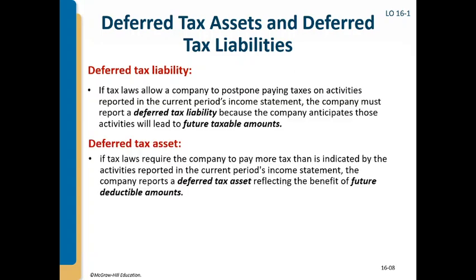As far as deferred tax assets, if tax laws require the company to pay more tax than is indicated in the current period's income statement in year one, then the company reports a deferred tax asset, and what they're going to get is a benefit from future deductible amounts.